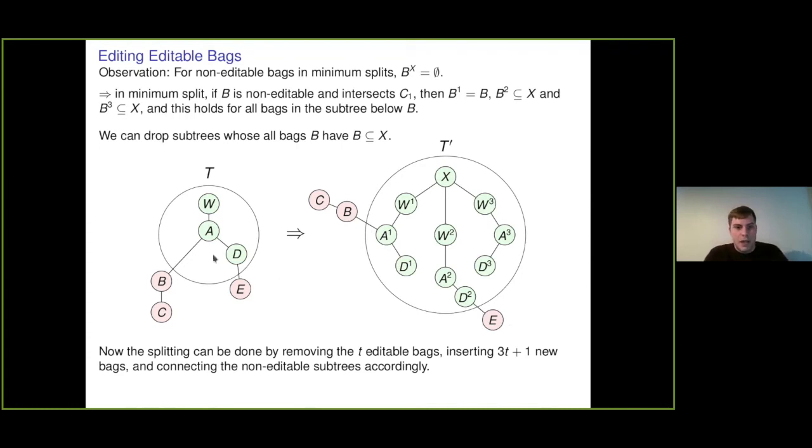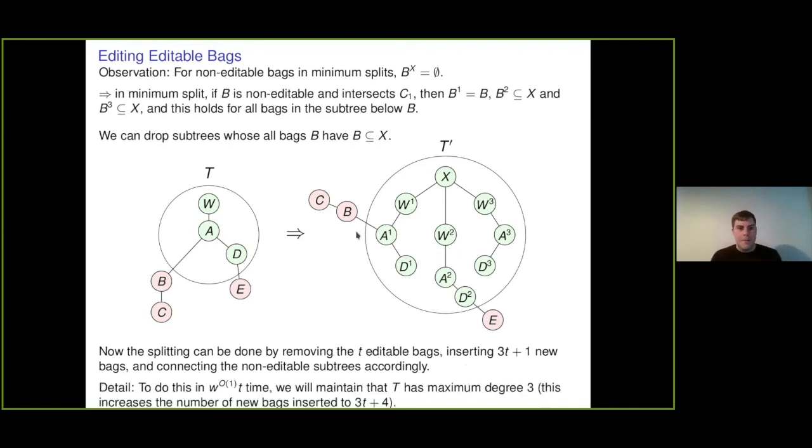And now we can do this splitting just by removing the T editable bags, where T is the number of editable bags, and inserting 3T plus 1 new bags in place of them and connecting the non-editable subtrees accordingly. The detail is that to do this efficiently, we have to maintain that our tree decomposition has maximum degree 3.